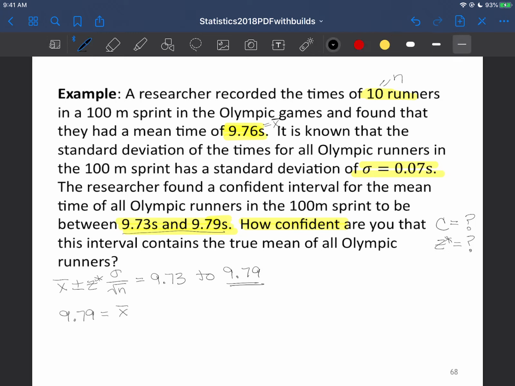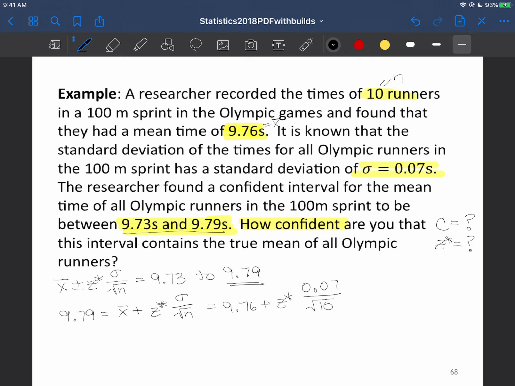Because that's how we get the upper bound, plus the critical value times the standard deviation over the square root of n. Let's plug in what we know. The mean was 9.76. We're looking for Z star. The standard deviation was 0.07 and n was 10.